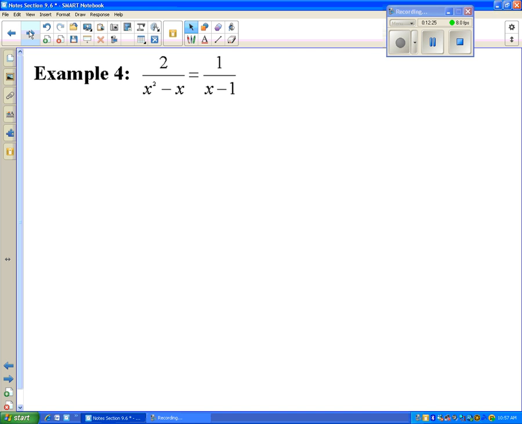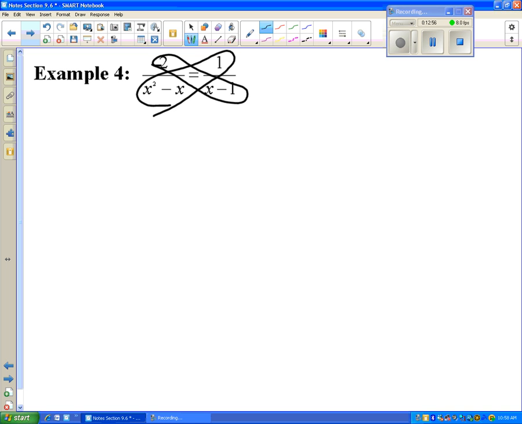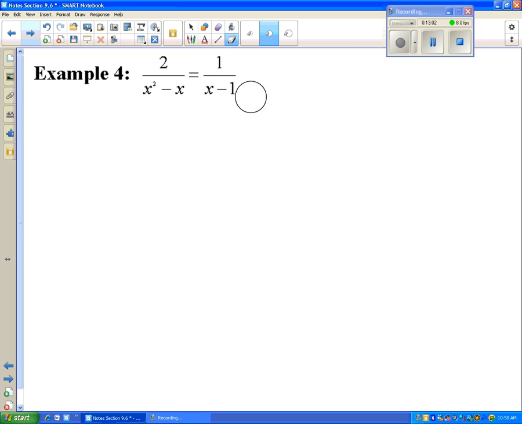Example 4 is a little different because in example 4, you're going to be enticed to do cross multiplication. I have a fraction equal to a fraction. In a problem like number 4, if I wanted to multiply 2 times x minus 1 and x squared minus x times 1, I could actually solve this problem using cross multiplication.